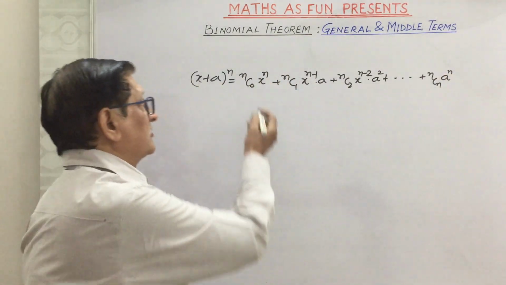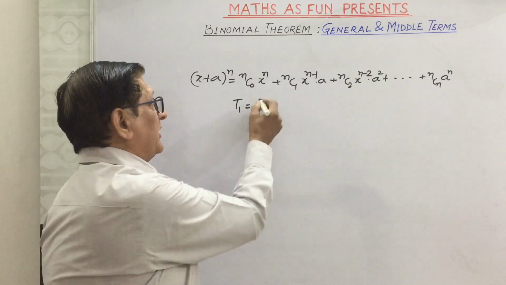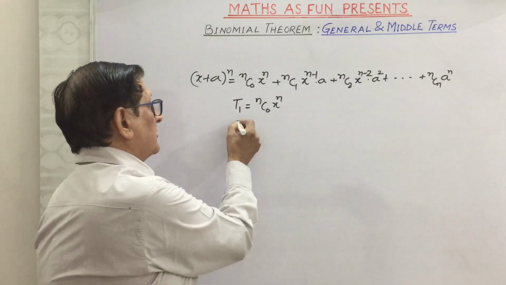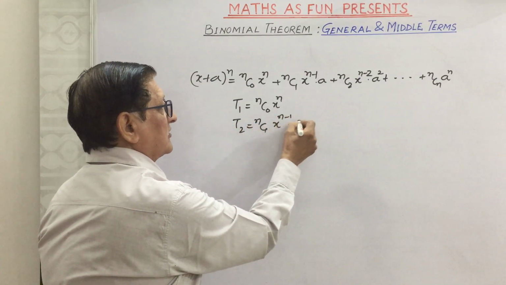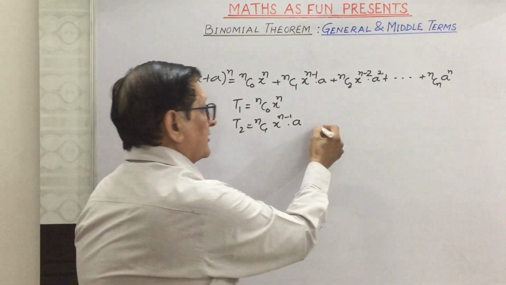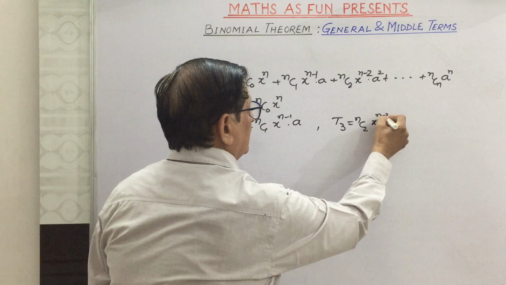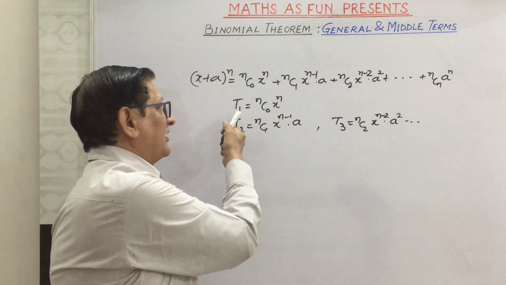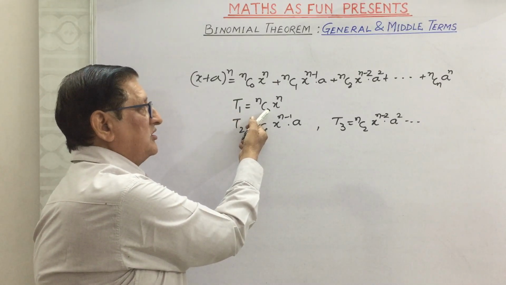We find here in this expansion that the first term t1 is nC0 x^n, t2 is nC1 x^(n-1) a, t3 is nC2 x^(n-2) a^2, and so on. What are we finding? In the first term, we find it is C0.